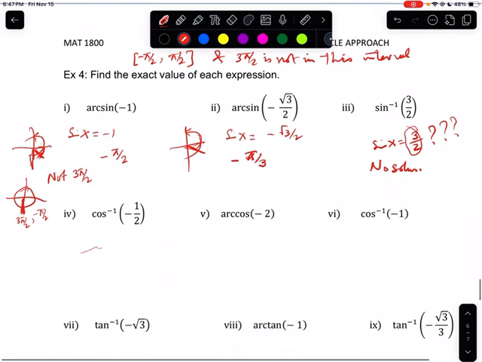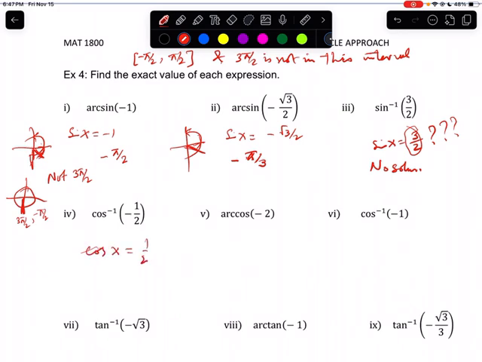Okay, the next value, cosine inverse of negative 1/2. So cosine of x equals 1/2, and we have to be in this. Oh no, wait a minute, this was a negative.